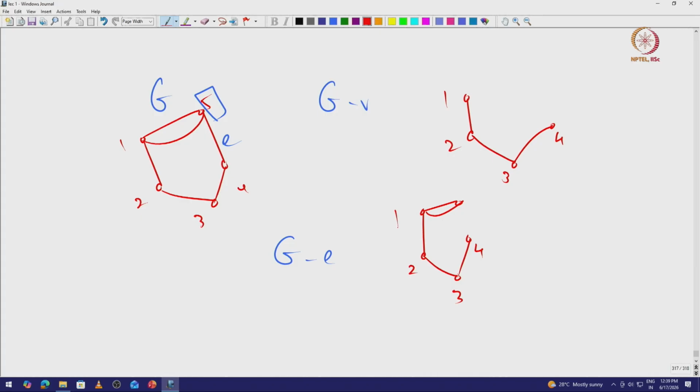Again, one can also add one edge. So, you can talk about G plus f. What is G plus f? You take G and then just add something there. For example, if I add this, then that is called G plus f. You just add an edge. One can add multiple edges to a given graph and get a new graph out of it, and we can write it as adding edges to the given graph, like this and then like this, etc.